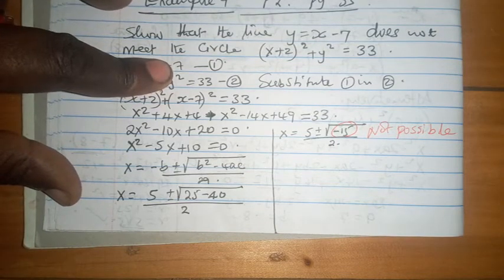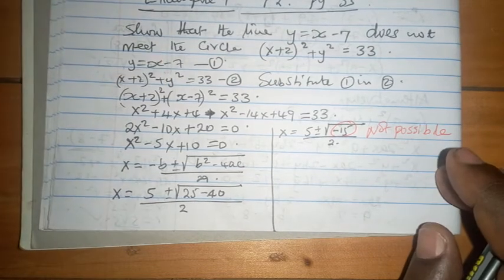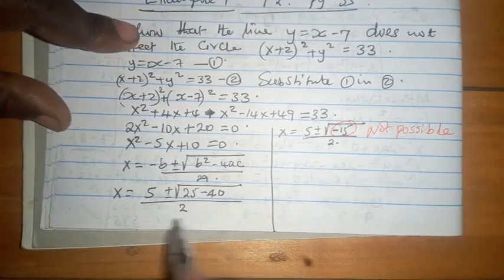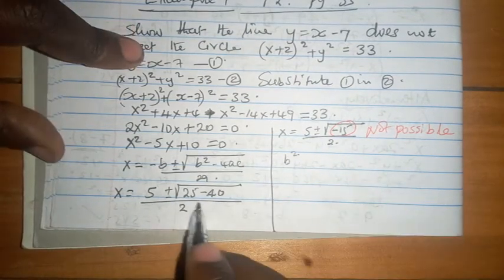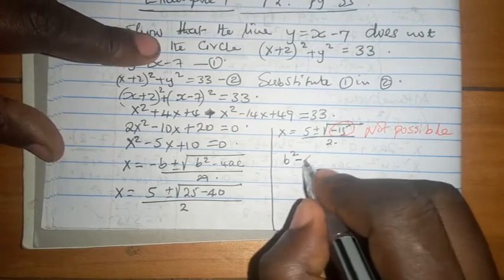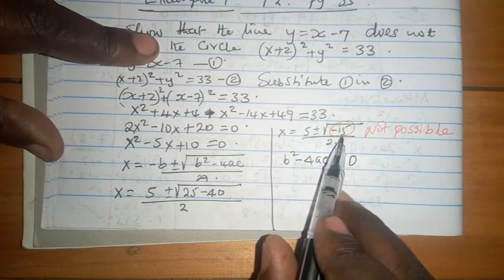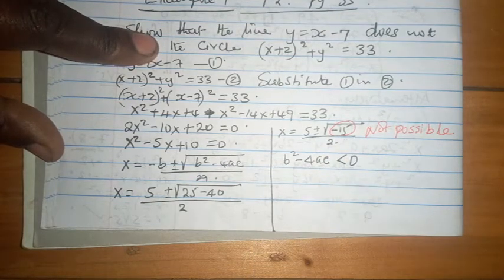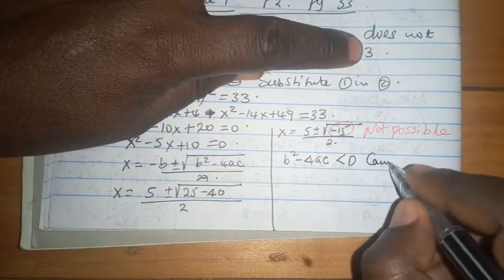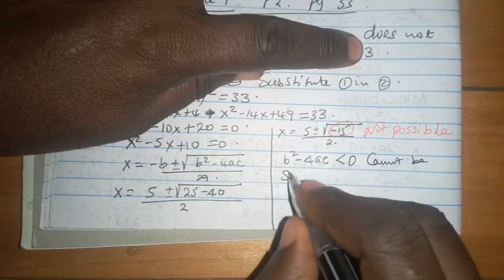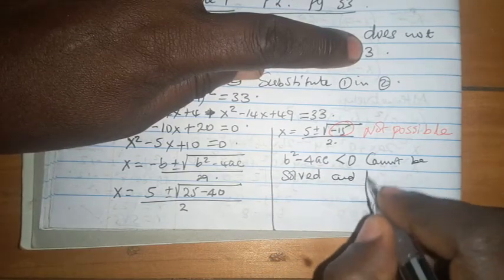Now that we have no roots of negative numbers, it follows that the discriminant, b squared minus 4ac, which is 25 minus 40, is less than 0, because you can already see it's negative 15. So the line cannot be solved, or rather it has no solutions.